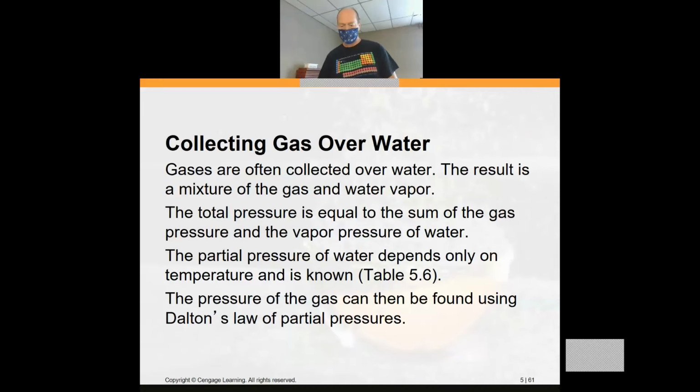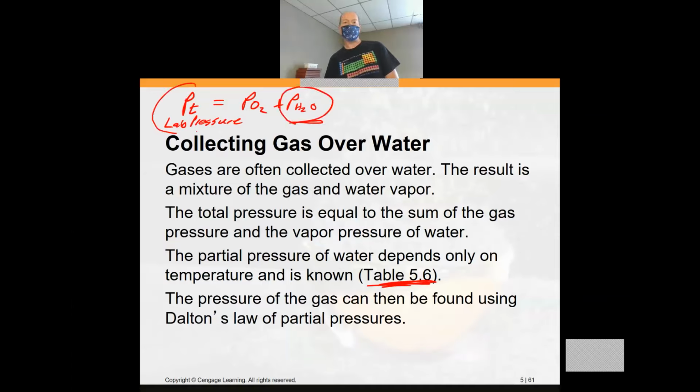We had our pressure. When we do our lab tomorrow, we're going to have the pressure total, which is our lab pressure, and that's going to equal the pressure of the oxygen we're collecting plus the pressure of water. And again, on table 5.6, that's where you're going to find your pressure of water.